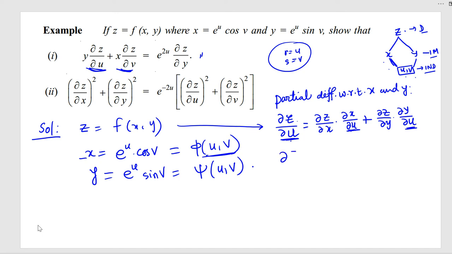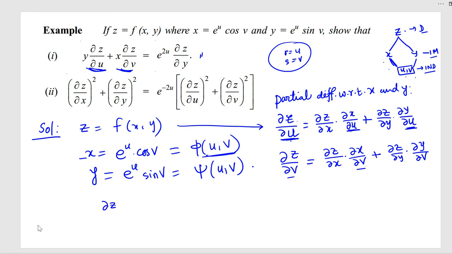Similarly, we will have del z del v equals del z del x into del x del v plus del z del y into del y del v. So we need to find these two values. That's all we have. If we can find these values, then we are through.